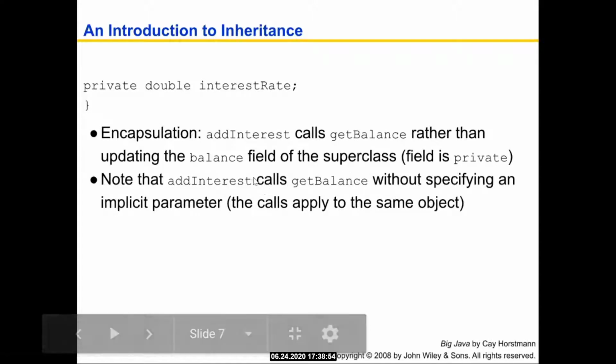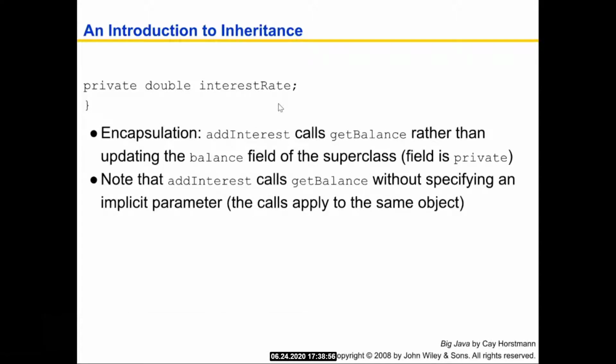Want to try to make your code as hidden as possible. So make your interest rate private. This is encapsulation. So addInterest will call getBalance rather than updating the balance field of the superclass. The idea is to make data as private as possible. Okay?